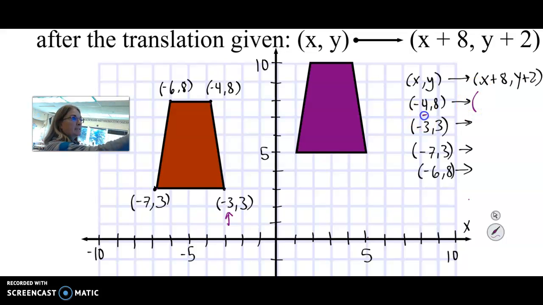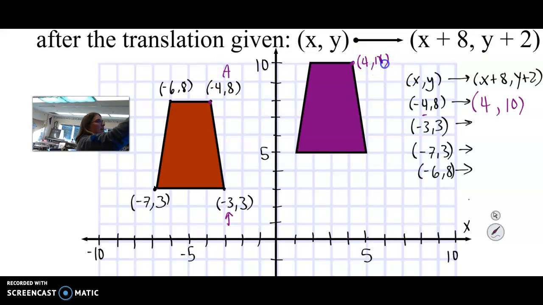When my x is -4, if I add 8 to that, it becomes +4. 8 plus 2 is 10. So this point right here on the original figure corresponds with the image at 4, 10, which is this point right here. So if this was point A, then this would be A prime.